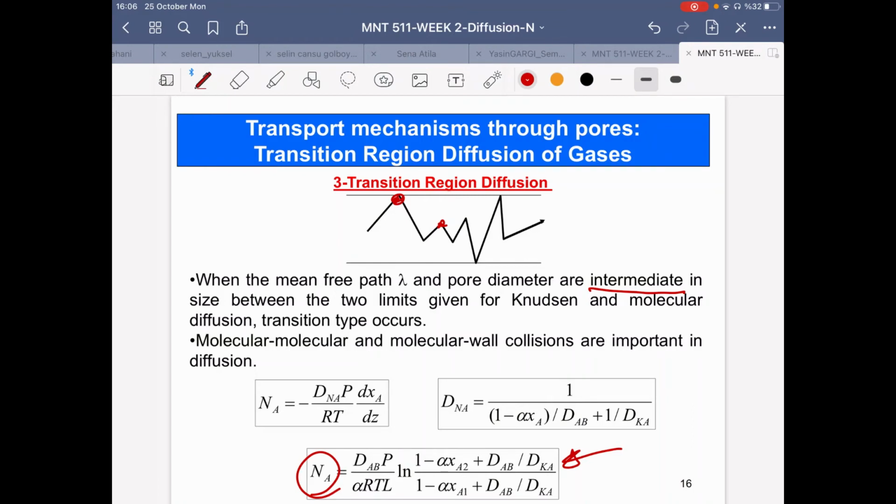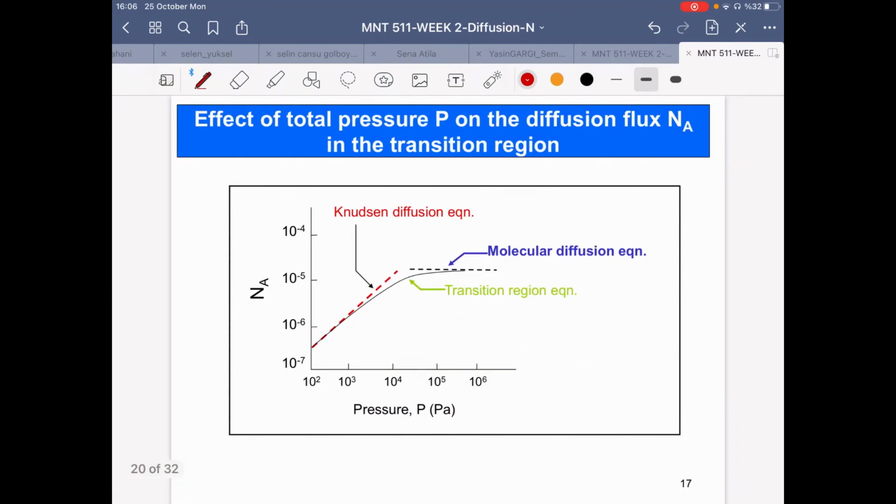So these Knudsen, molecular and transition region diffusion mechanisms are important. For example, if you look at the effect of total pressure on the diffusion flux of A in the transition region, as the pressure increases, as the number of molecules increases, it first follows Knudsen diffusion, and after a transition here, the molecules are too many in my capillary.